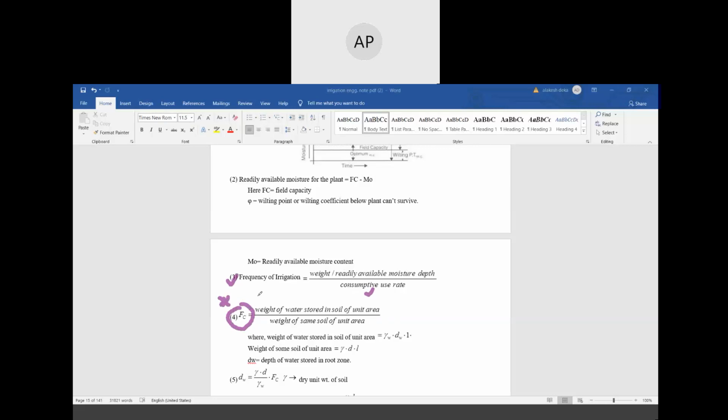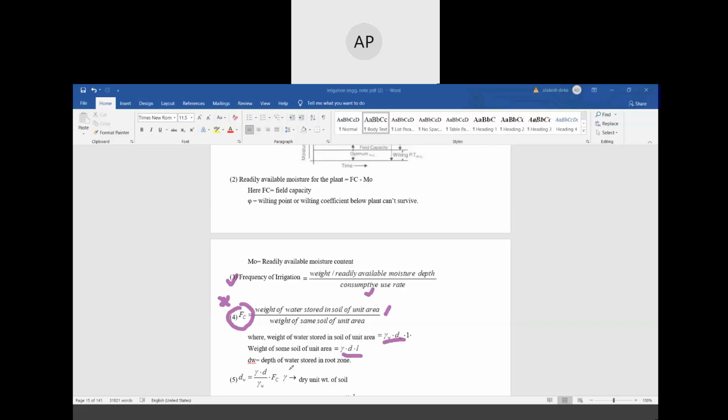It is the ratio of weight of water stored in soil of unit area divided by weight of same soil of unit area. Where weight of water stored in soil per unit area is given by gamma W dW into 1, and weight of soil per unit area is gamma D into 1.